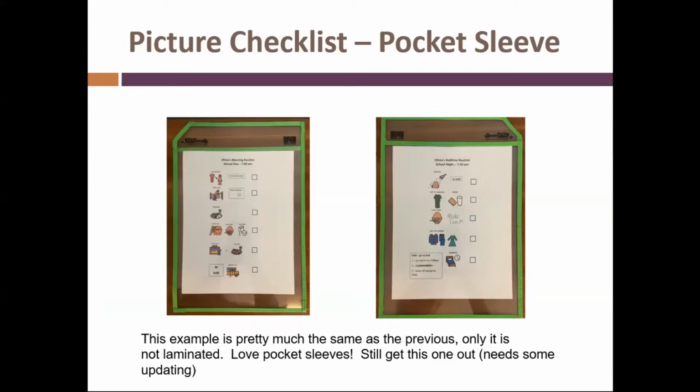This is probably our most recent one. It's similar, only that instead of laminating, it's a pocket sleeve. If you haven't found pocket sleeves yet, they are amazing. Because if you're going to do any kind of worksheet or printing, once again, you have to use the dry erase marker, but you just slide it in.